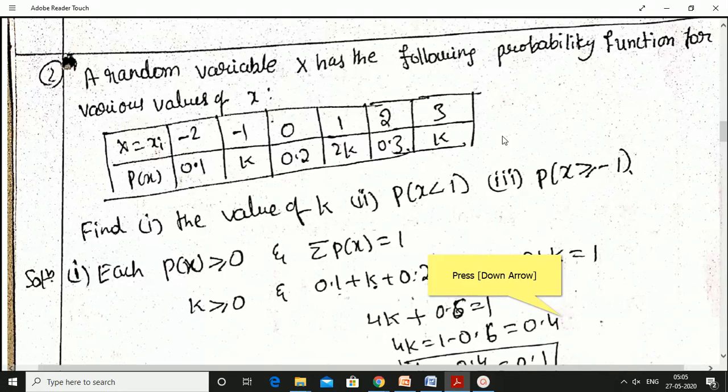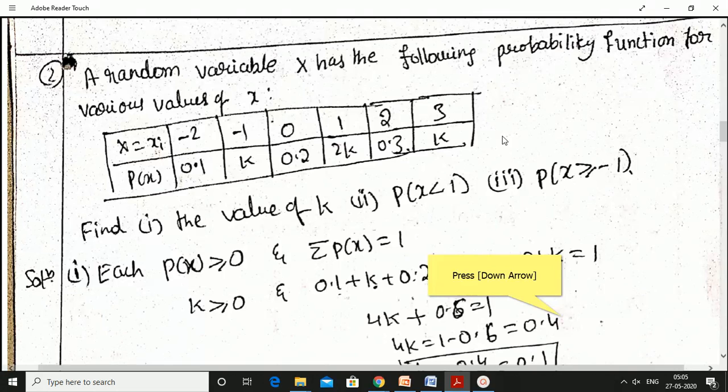How to find the value of k? Because p of x is the probability function, the condition is that each p of x value must be greater than or equal to 0 and summation of p of x must be equal to 1. 0.1, no doubt it is greater than 0, 0.2 greater than 0, 0.3 greater than 0. The only thing is p of x is greater than or equal to 0 only when k is greater than or equal to 0.